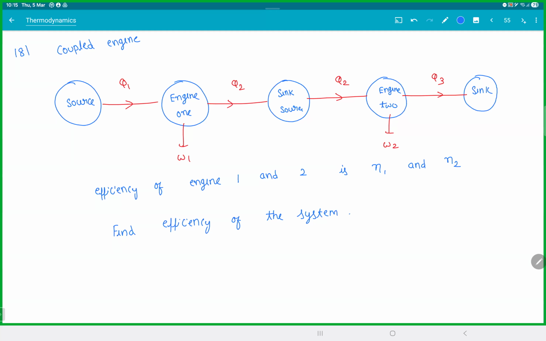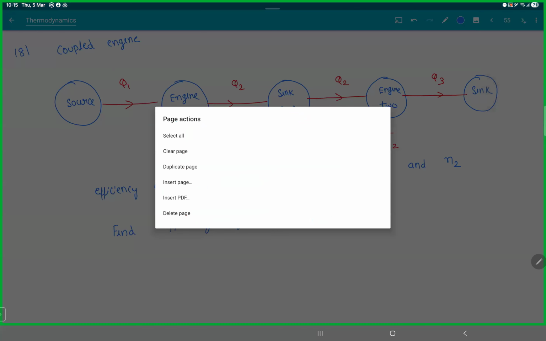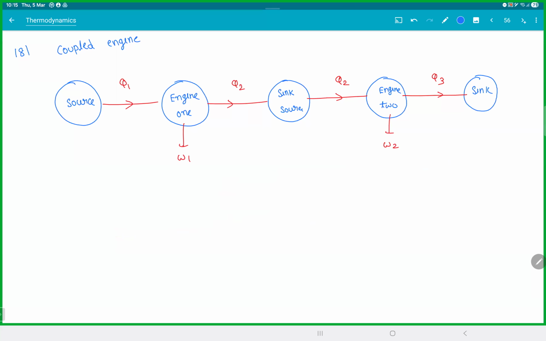Any ideas? See. So what is eta 1? So eta 1 is nothing but W1 by Q1. What is eta 2? W2 by Q2.